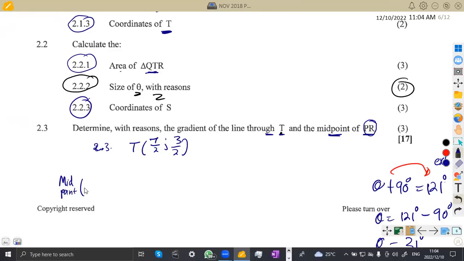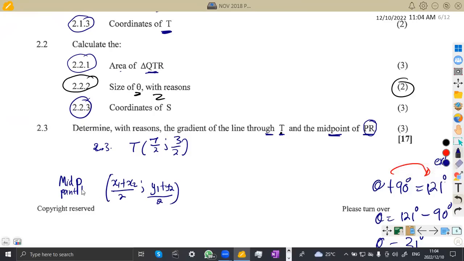The formula is not going to change, guys. Remember, you add the values of x together and divide by 2, the same thing with the values of y, divide by 2. That is going to give us the midpoint.